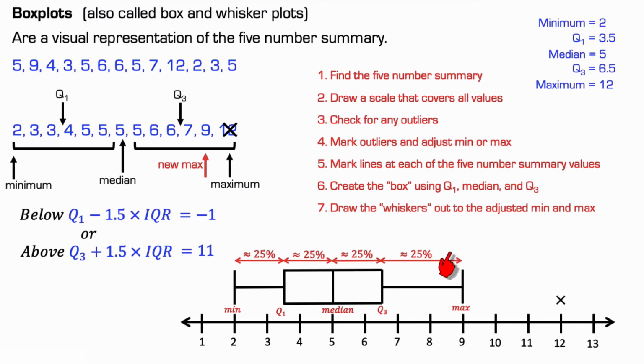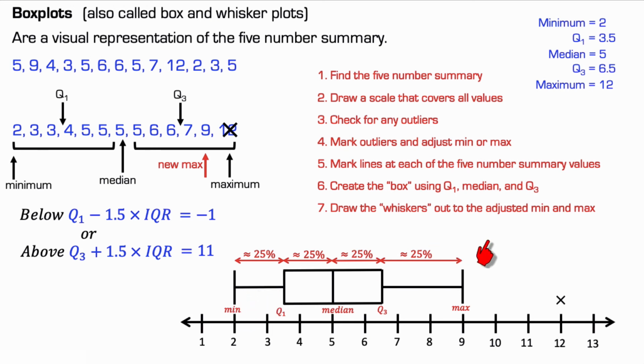And that's the same for the other boxes. The next 25% would sit in here, the next 25% in here, and then there's approximately 25% between Q3 and our max. Now I say approximately because this score is sort of included in the 25%, but it's not included in our box plot because it's an outlier. So approximately 25%. In other words, we've broken it into quarters.